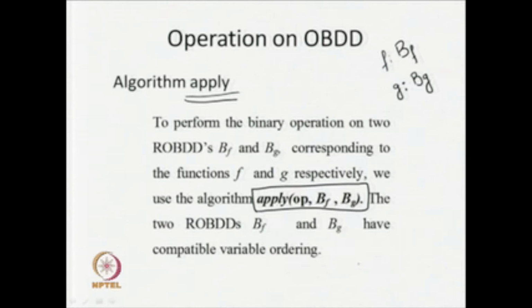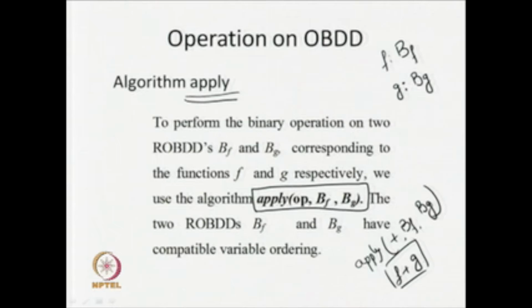Now, if I use this apply function, say plus, BF, BG, in this particular case what will happen? We are going to perform the OR operation on Boolean functions f and g. So, f plus g, and after that we are going to represent this with our BDDs or ROBDDs.